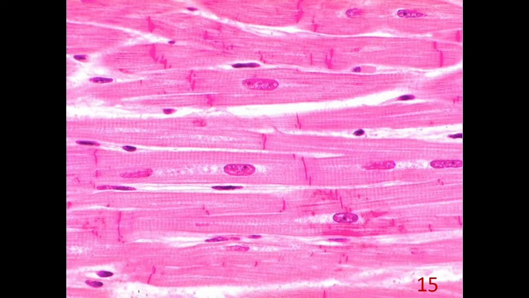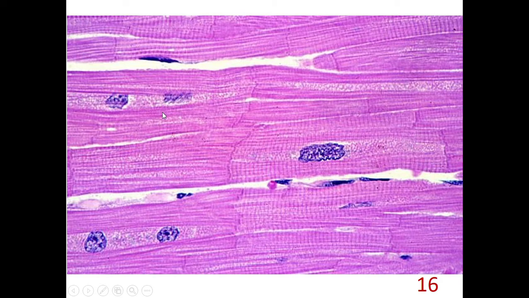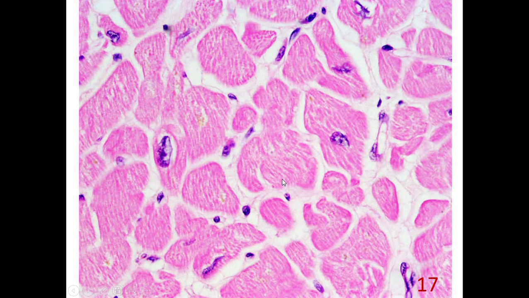Between myofibrils, connective tissue is seen. In other sections we again observe a centrally located nucleus, and discus intercalaris are also seen. A transverse section of cardiac muscle is observed here.